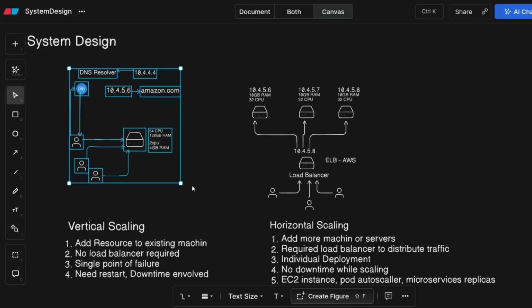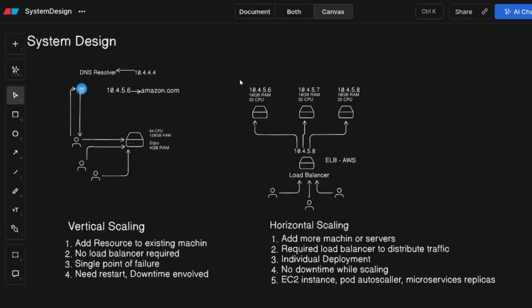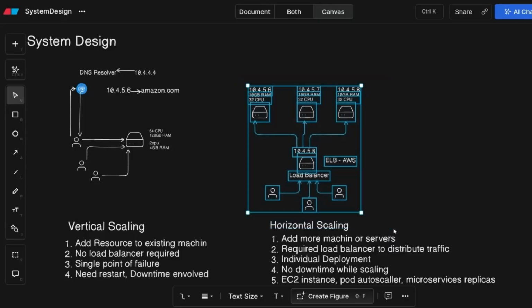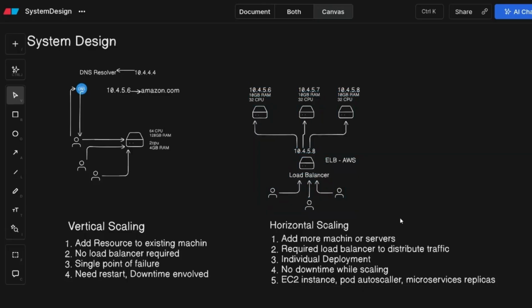These are considered microservices, which have different code bases and are not dependent on each other. Also, they have their separate databases. So due to horizontal scaling, our application is more scalable and more available. That's it, the clear difference between vertical scaling and horizontal scaling.